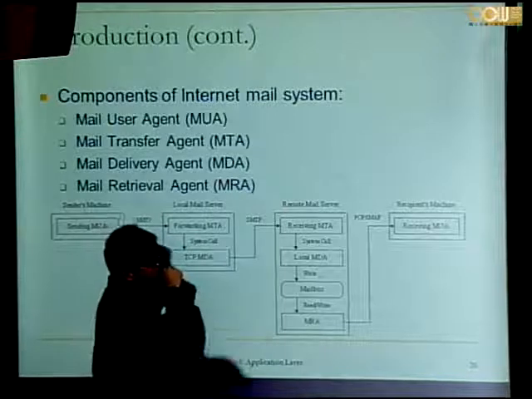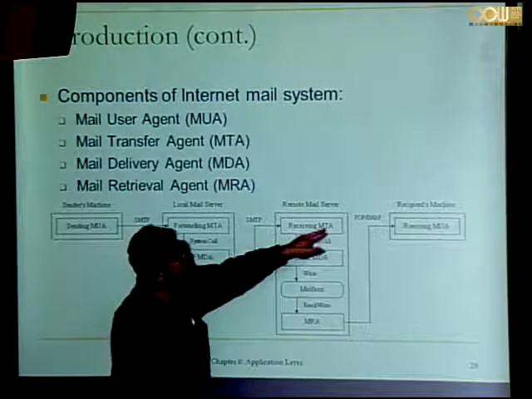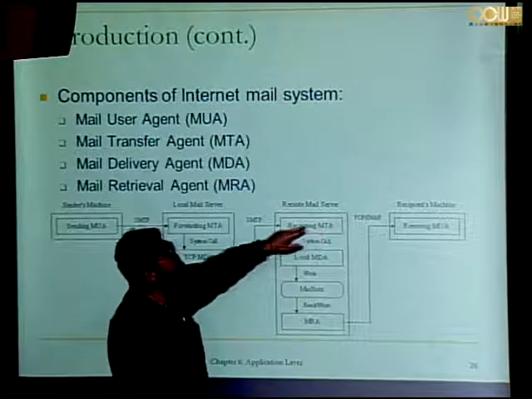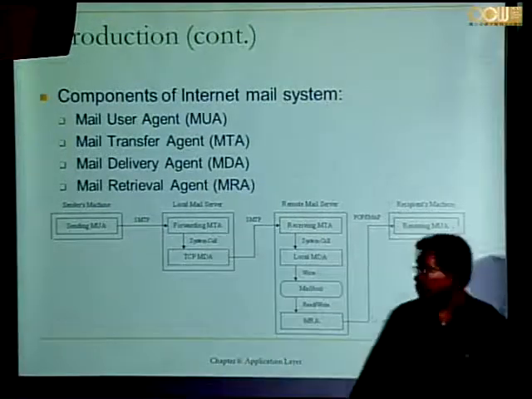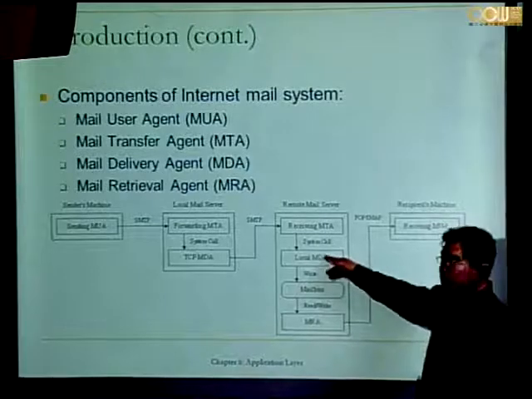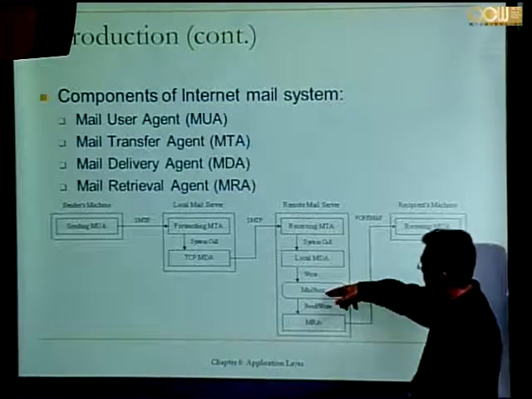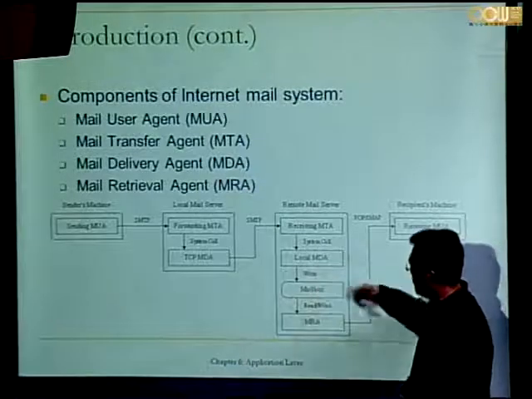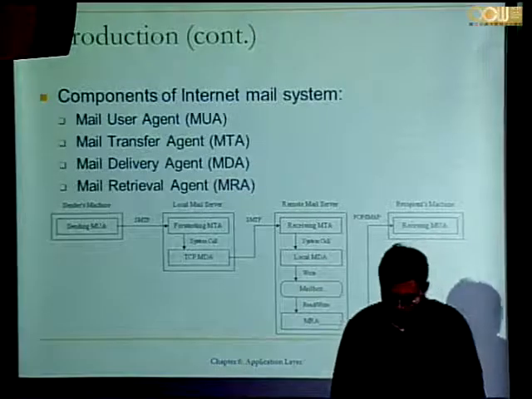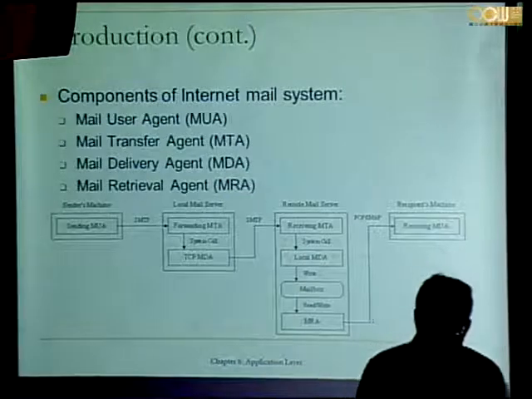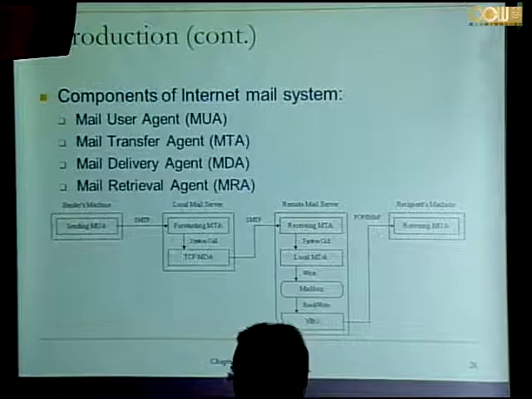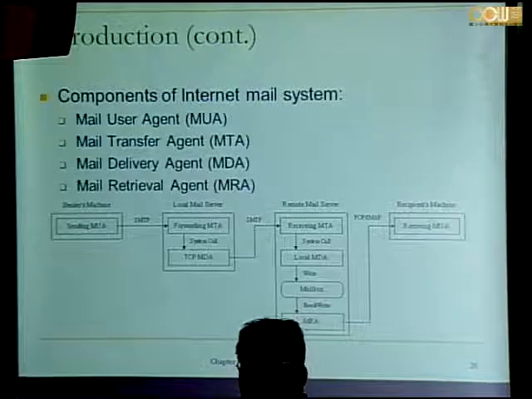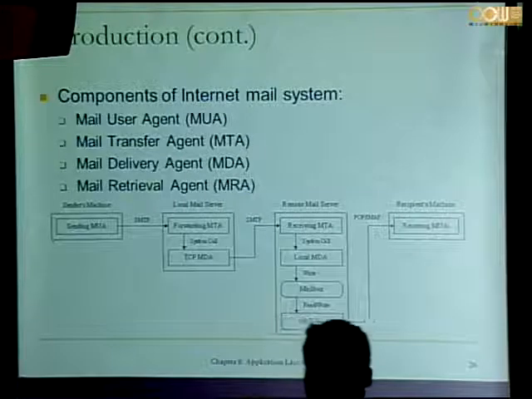Then the receiving MTA, mail transfer agent, would call its local mail delivery agent, which will write the mail into the mailbox. And then it's done. The mail delivery process ends. So throughout the process, you see two SMTP transactions.